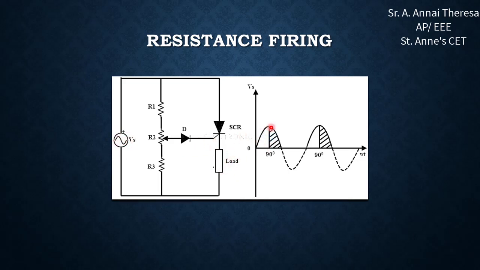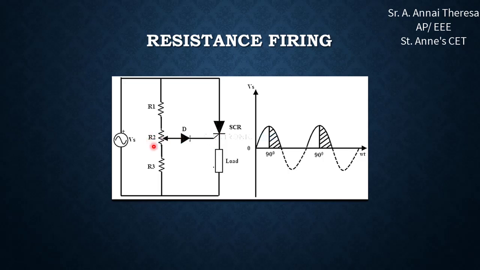Now, during the positive half cycle, what will happen? During the positive half cycle of the input supply, the SCR is forward biased, but it will conduct only when the gate current is greater than the minimum required value. By varying this resistance R2, the gate current is applied to this SCR.